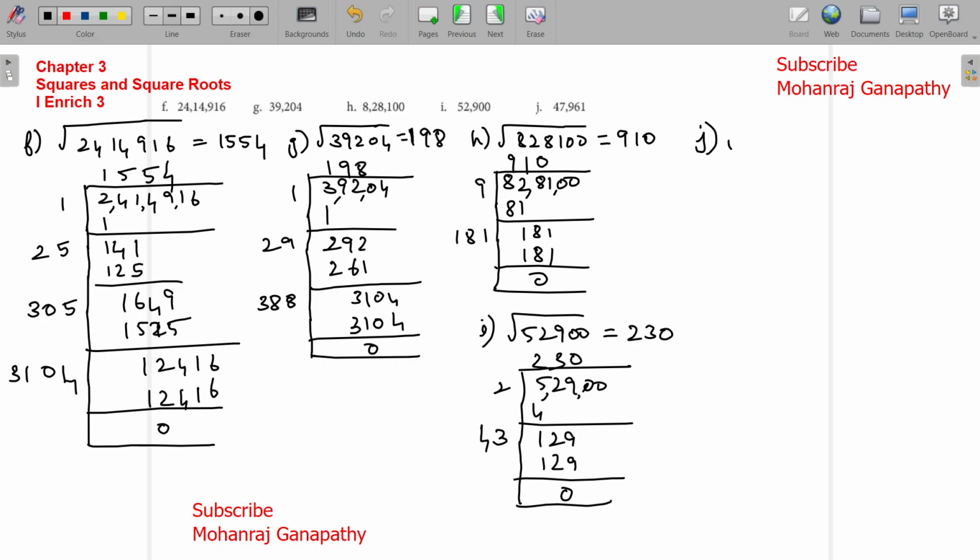J. Square root of 47961. Separate the last two digits. 2 twos are 4. 479.